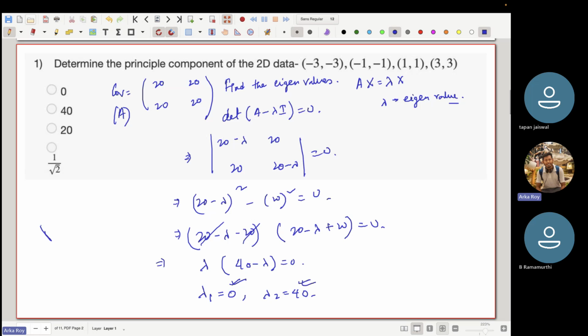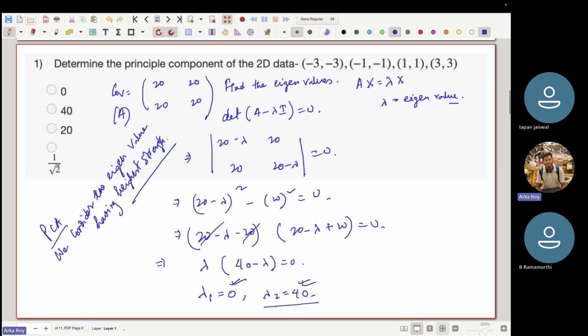So in case of PCA, the principal component analysis, what we do is we consider the eigenvalue having the highest strength. So over here we can see which of the eigenvalues has the highest strength. Lambda 2 is having the highest strength.